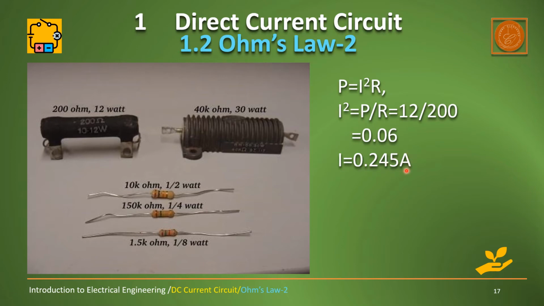It means when the current passing through the resistor is 0.245 amps or less, this resistor is safe to use and will not overheat. If the current is greater than 0.245, this resistor will overheat.